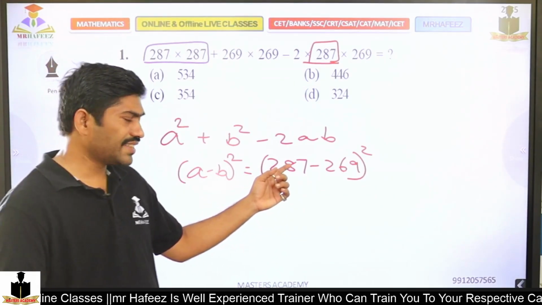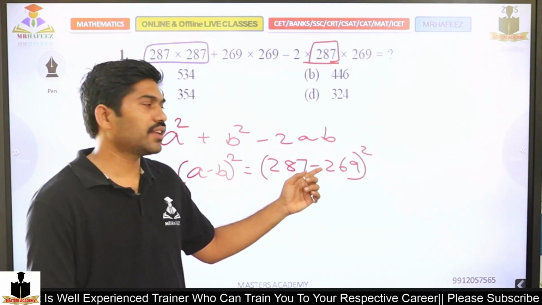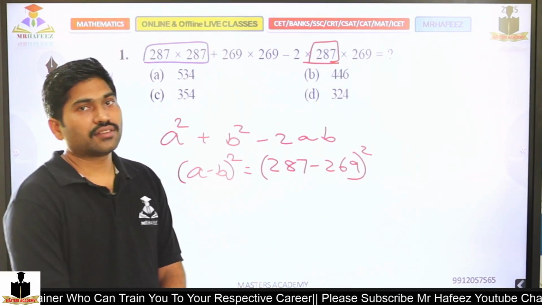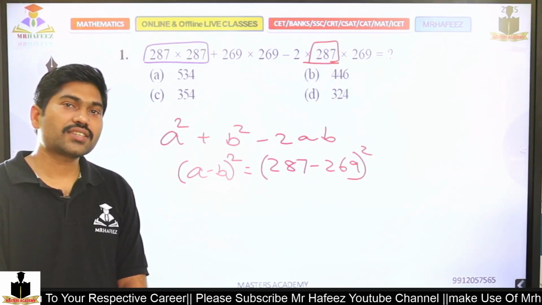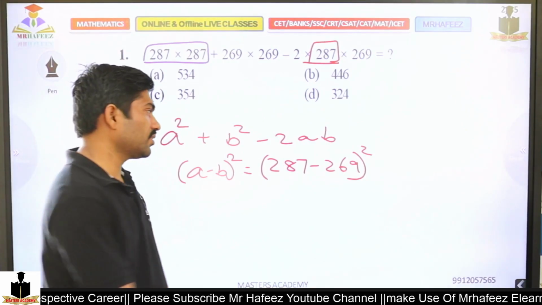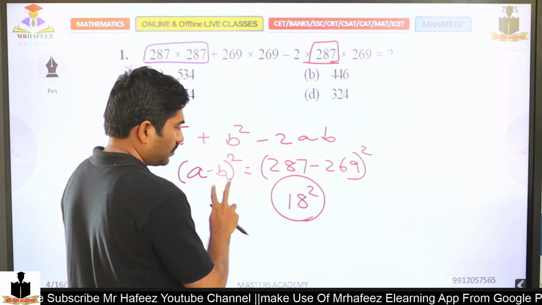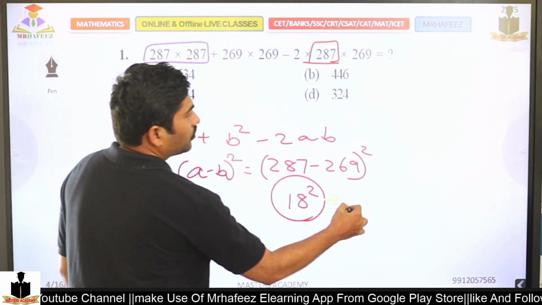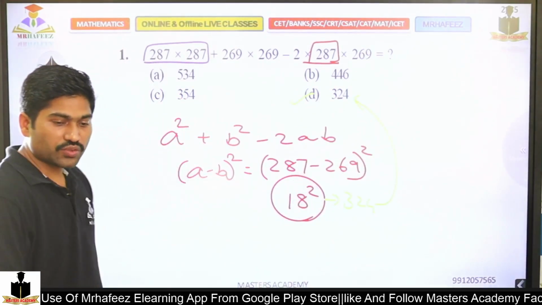So the difference is 18. It's just 18. So 18 square. So what is 18 square? 324. So answer over. So can I move to the next?